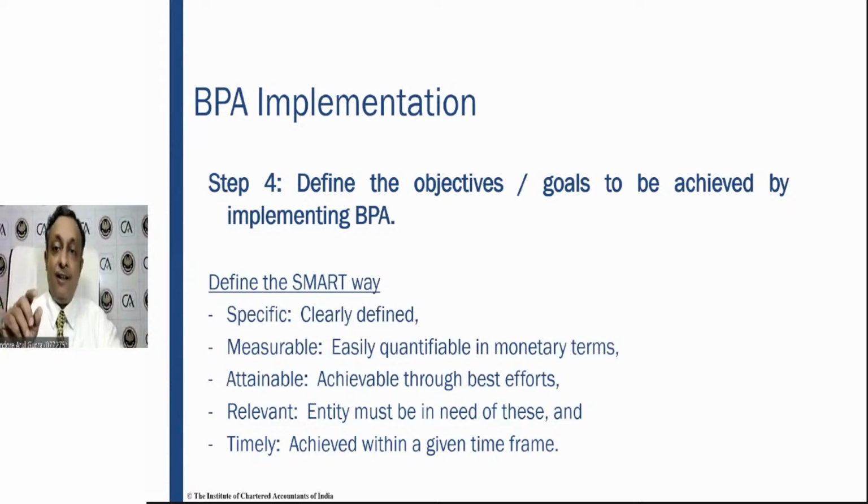Specific, clearly defined. So what was the goal? Get customer orders from across the city, because people cannot go out from their home, but they can use a Google form on their mobile, give orders on that, and we collect it from all across the city. Measurable, easily quantifiable in monetary terms. Yes, as the customer gives the order, the value is generated. This is to be received or paid.